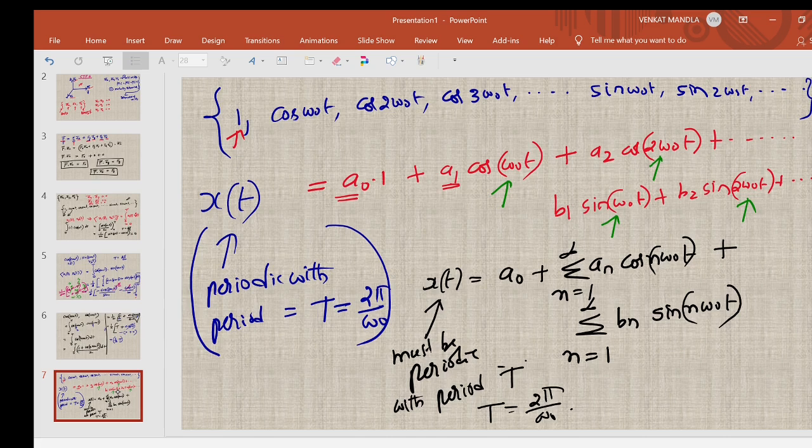So a1 cos omega naught t plus b1 sin omega naught t is the fundamental frequency component. Similarly, a2 cos 2 omega naught t plus b2 sin 2 omega naught t is the second harmonic.